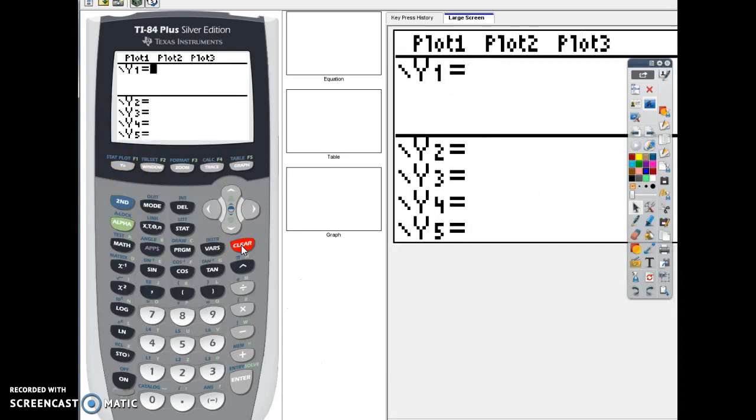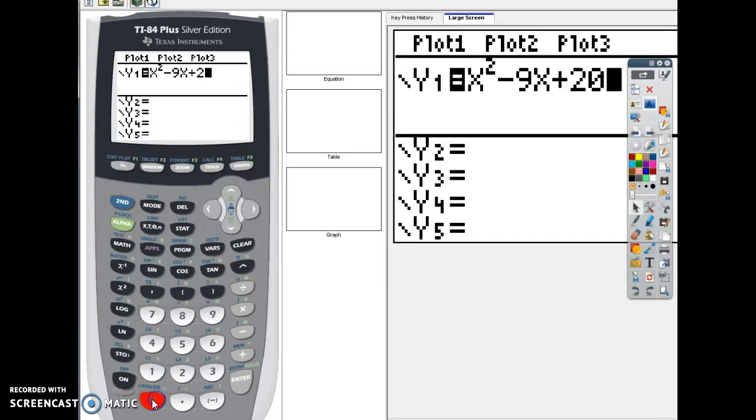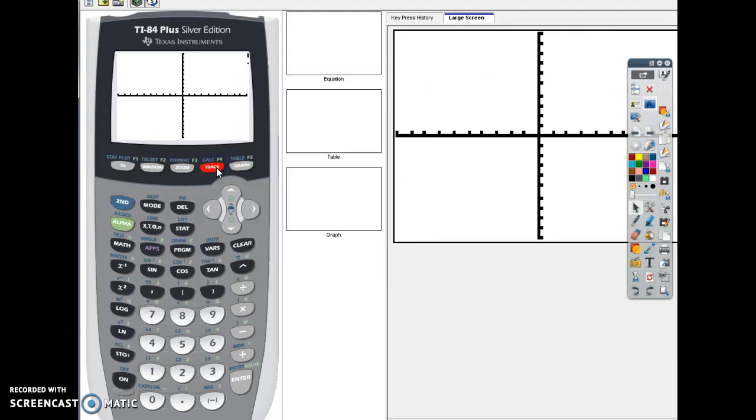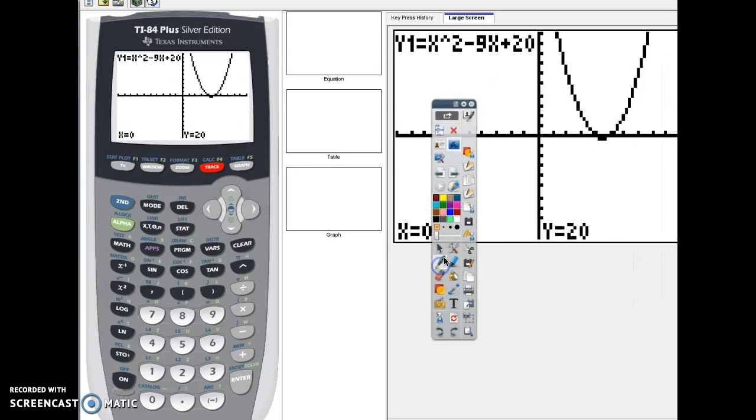Y equals, trace, so x squared minus 9x plus 20, trace. I see the roots here and the vertex here. So we're just going to guess those answer choices that we have.